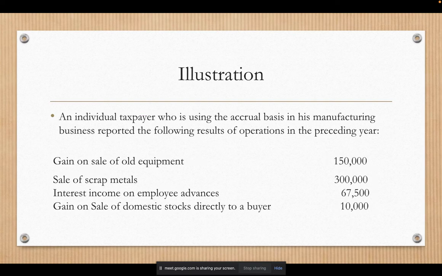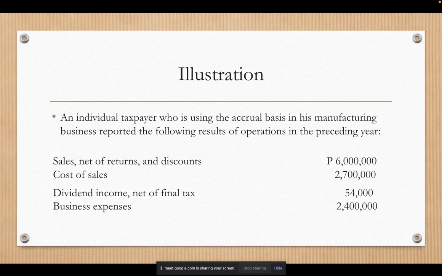Okay? So, in this case, what will be our net taxable income? Okay, can you try?